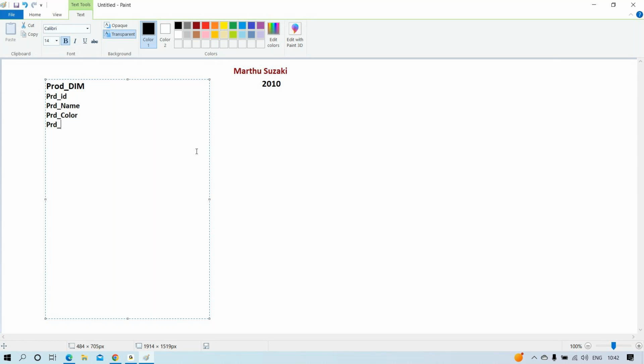So the product size, the product type, these are the few columns I'm giving you at high level. The product will be sold, and every sale will have its date, and the product will definitely be sold by a dealer.